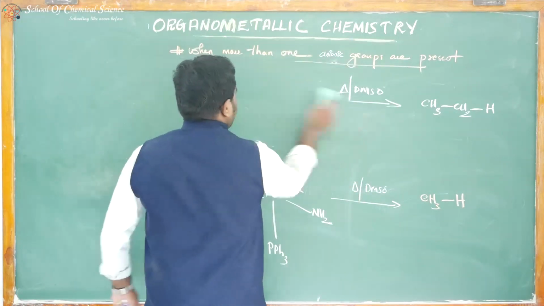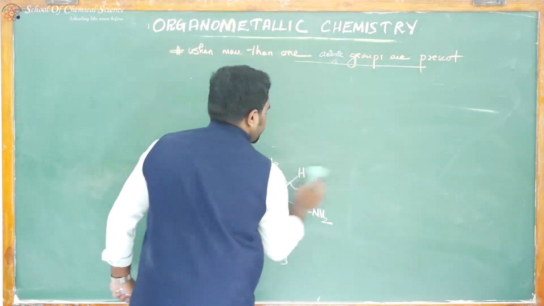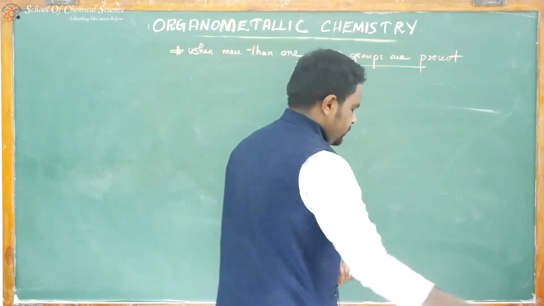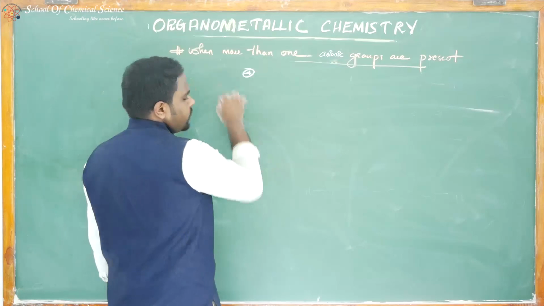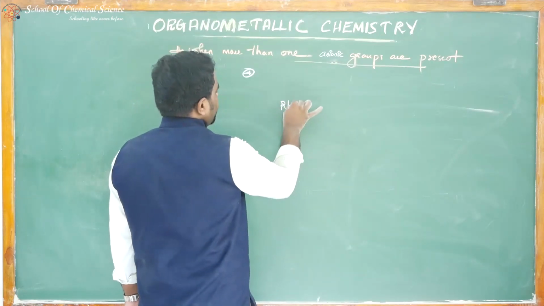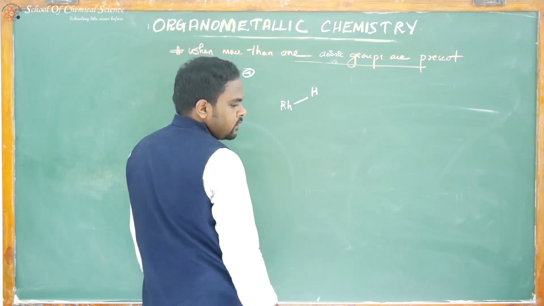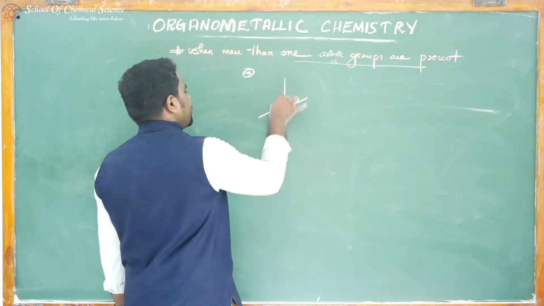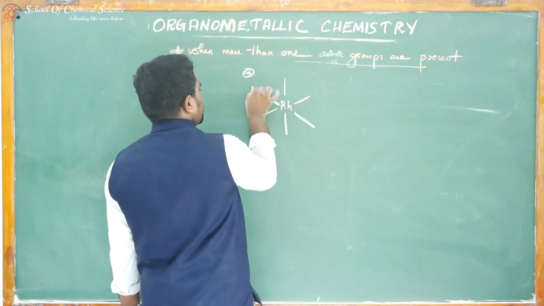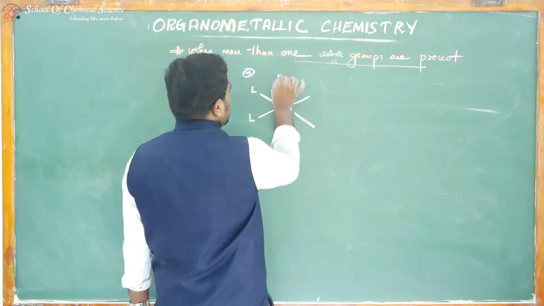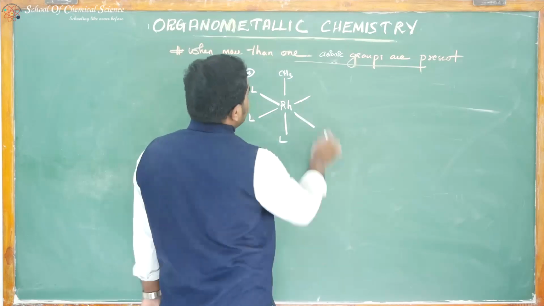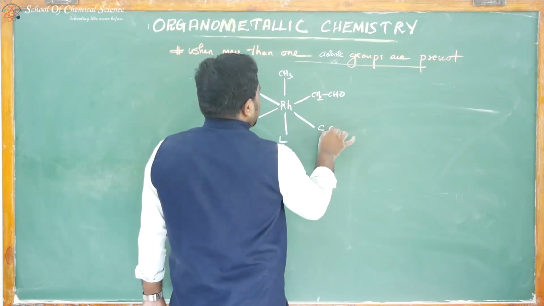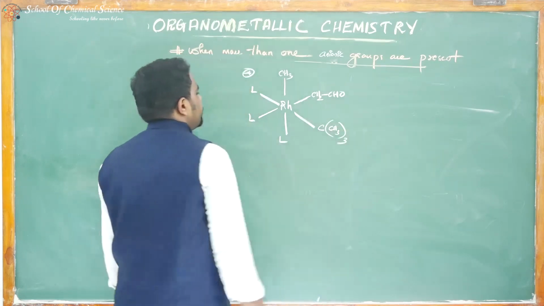Fourth question. Rhodium, H, CH3, CH2, CHO, and CH3 thrice.